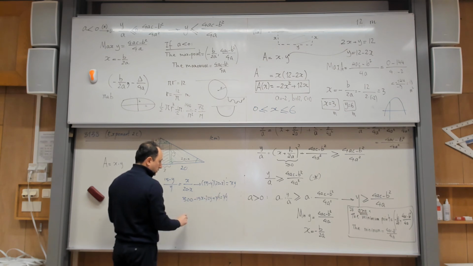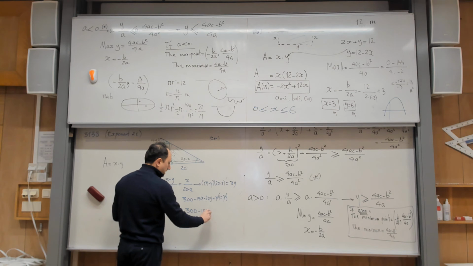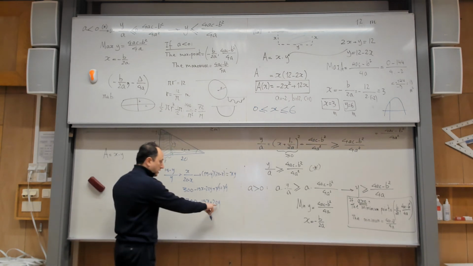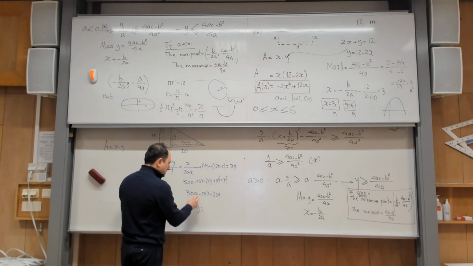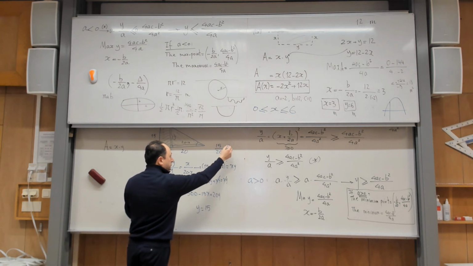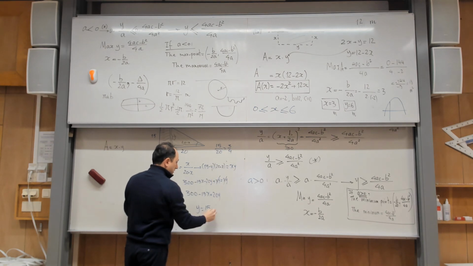I move 20y to the other side, so it becomes 300 minus 15x is equal to 20y. And then I divide by 20 to make y alone. This divided by 20 is how much? 15 divided by 20, I simplify it by 5, 3 over 4.